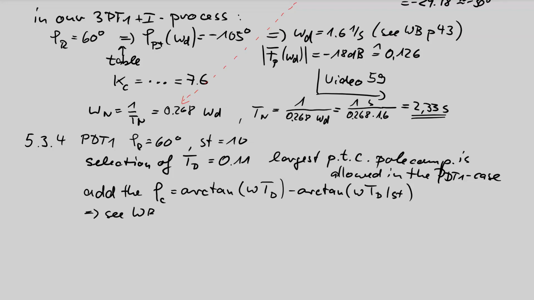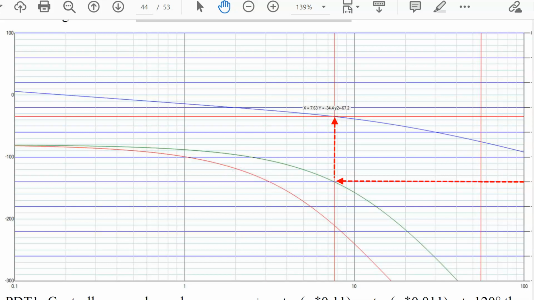So we add this phase, which is positive, and the result can be found in the workbook page 44. This is a Bode plot. Let's open this page. Here you see the unchanged blue magnitude curve of the process, the unchanged red phase curve of the process, and the green curve that is new.